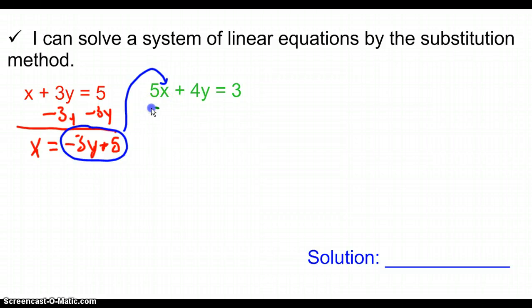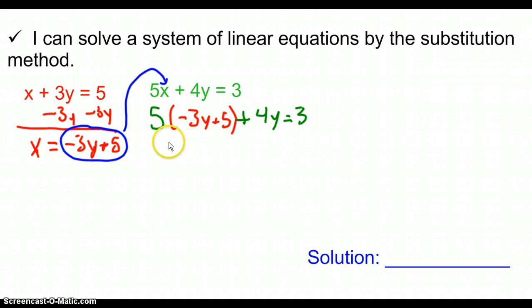So we would have the equation 5, and then in place of the x, we are going to put negative 3y plus 5, and then continue the rest of the second equation, plus 4y equals 3.